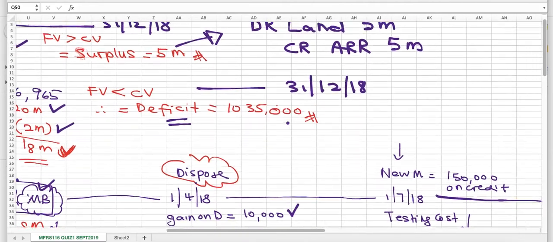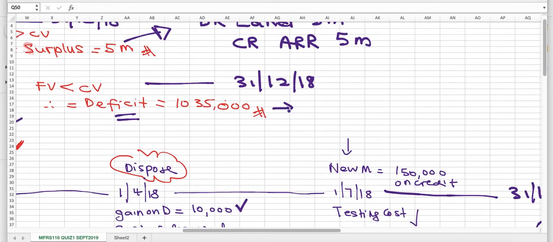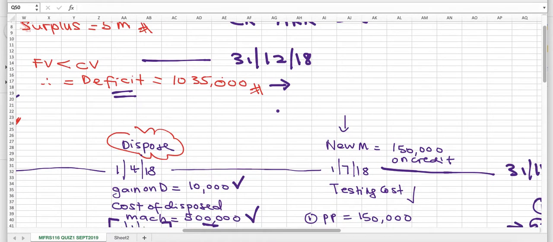For deficit, the journal entry is: deficit is where you reduce the value of your asset because it exceeds the fair value, the market value. So our carrying value cannot exceed the market value. When it exceeds, you have to reduce. When you reduce your asset, of course you have to credit.